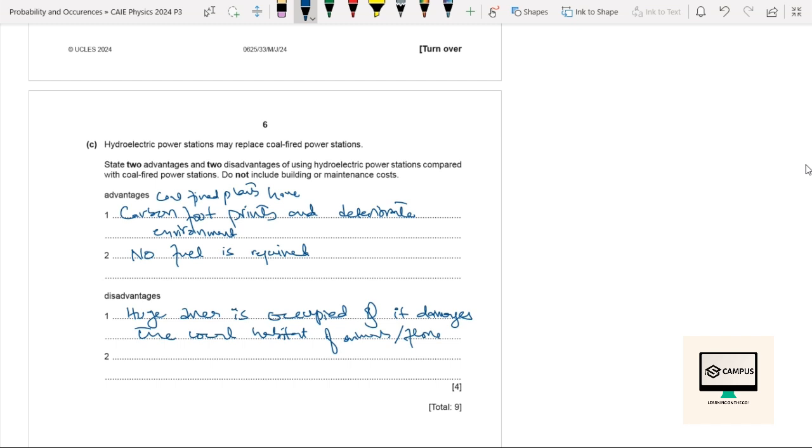Another disadvantage of a hydroelectric power station is that it is dependent on the upstream water sources, on the provision of water actually. So in the summer season, normally we have heard that when a lot of ice melts, the reservoirs are full and they are running at full capacity.